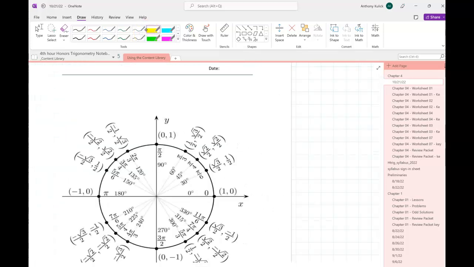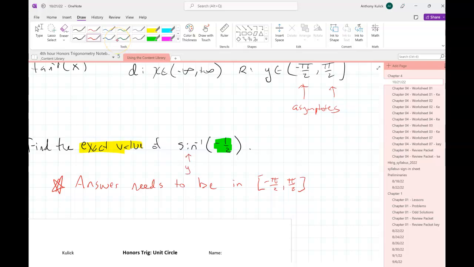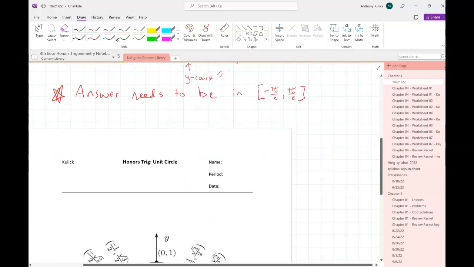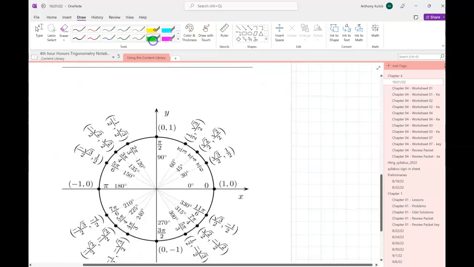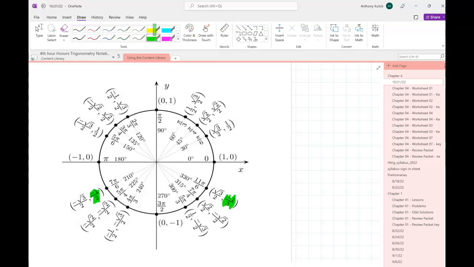So what I'm going to do now is look on my unit circle, because it's sine, for y coordinates equal to -1/2. Everybody's okay with that? The sine part tells me it's the y coordinate, and the -1/2 tells me what the coordinate is that I'm looking for. So I'm going to go through my unit circle and identify the places where the y coordinate is -1/2.